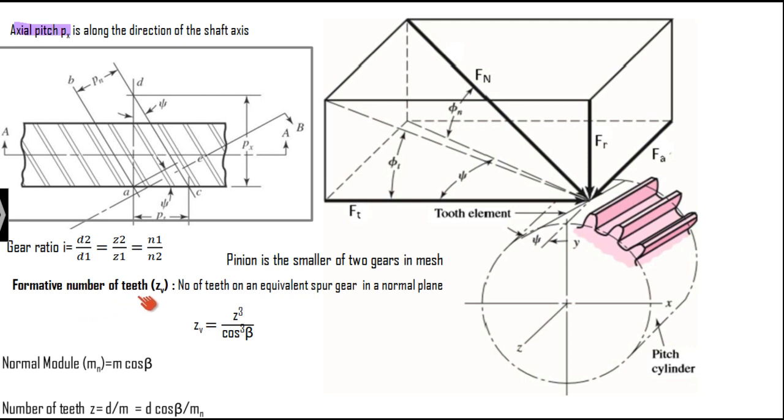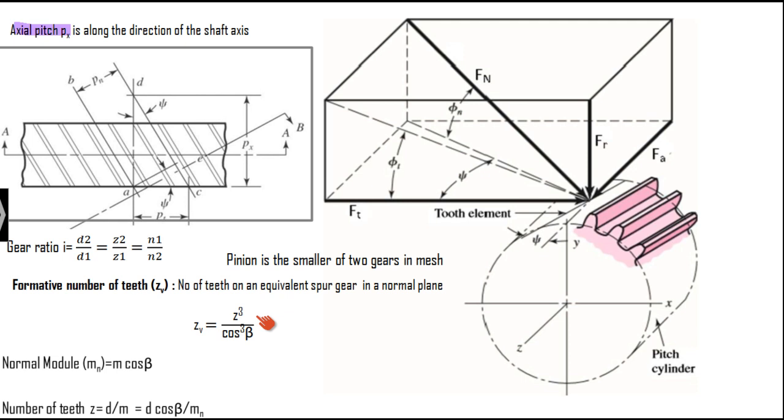The formative number of teeth is represented by Zv, and the equation is Zv = Z / cos³β. Z is the actual number of teeth. Please don't get confused, because here we are going to deal with two different types of teeth. Z is the actual number of teeth of a helical gear, with inclined teeth. If we say 22, that means we have 22 inclined teeth.